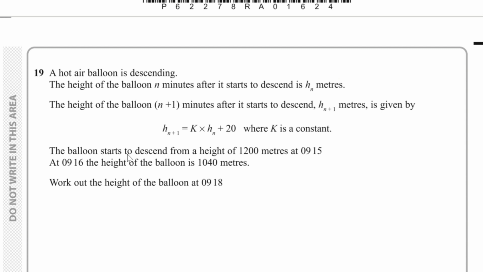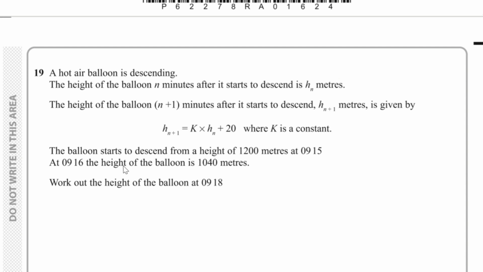The balloon starts to descend from a height of 1200 meters at 9:15, and at 9:16 the height of the balloon is 1040 meters, and we have to work out the height of the balloon at 9:18.